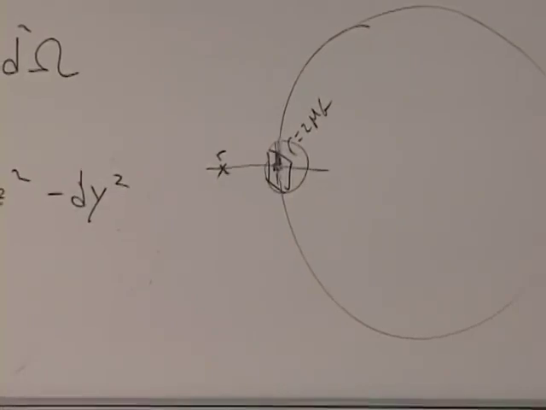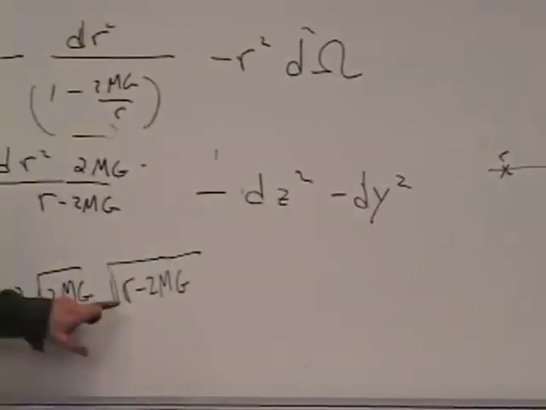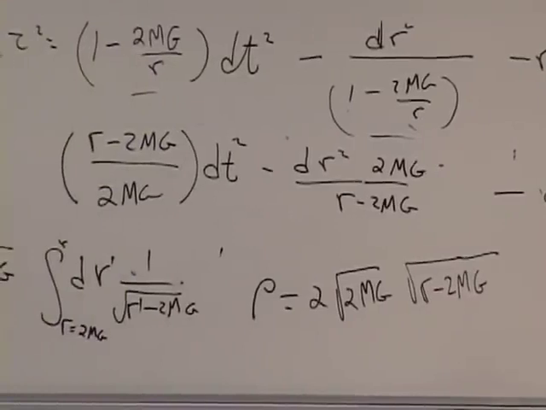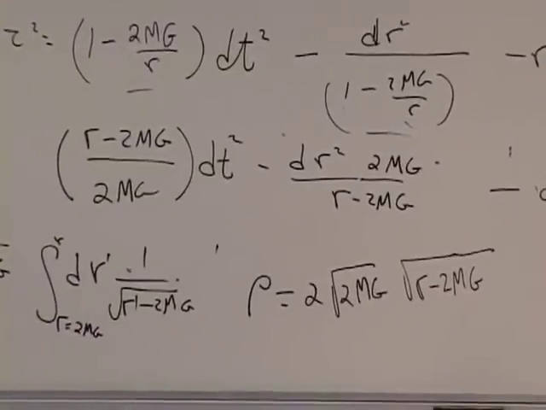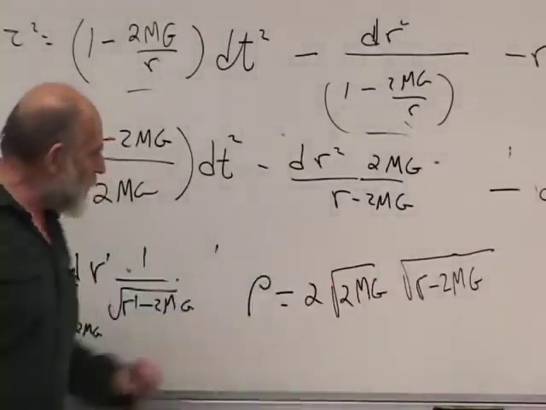It's also a change of variables, where I have now imagined a change of variables which I substitute for the variable r, the Schwarzschild coordinate r, I substitute the coordinate rho. Notice there's a square root.